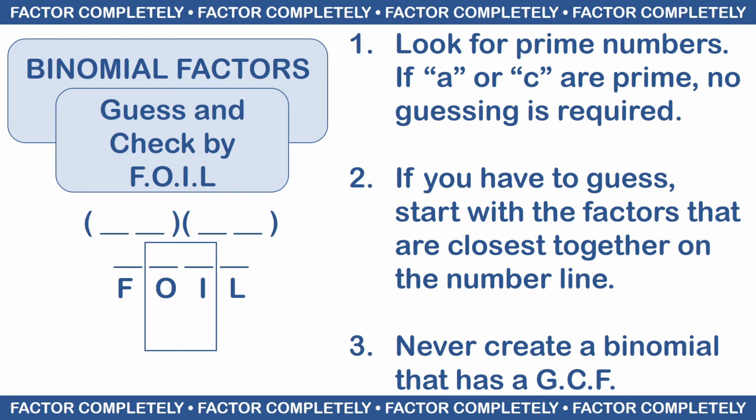This is a guess, but over the years I found out that this guess can get you going the right direction more quickly than picking factors that are farther apart on the number line. And finally, never create a binomial that has a greatest common factor. You should have already taken out the greatest common factor, so neither of the binomials should have a greatest common factor in it.